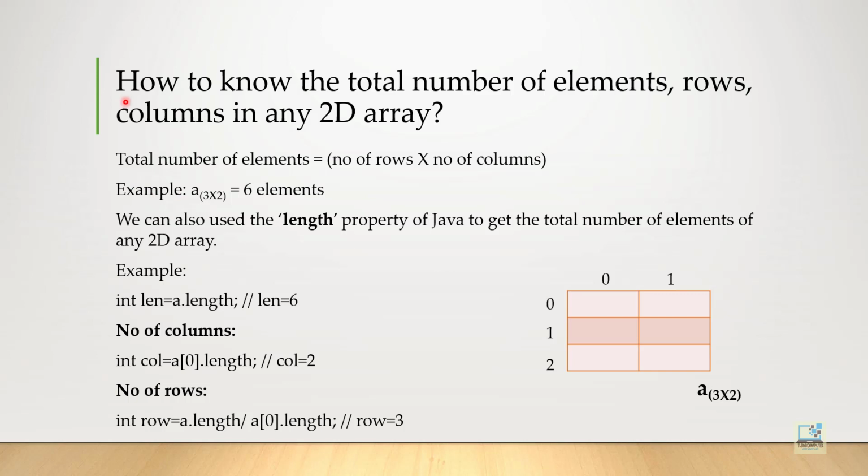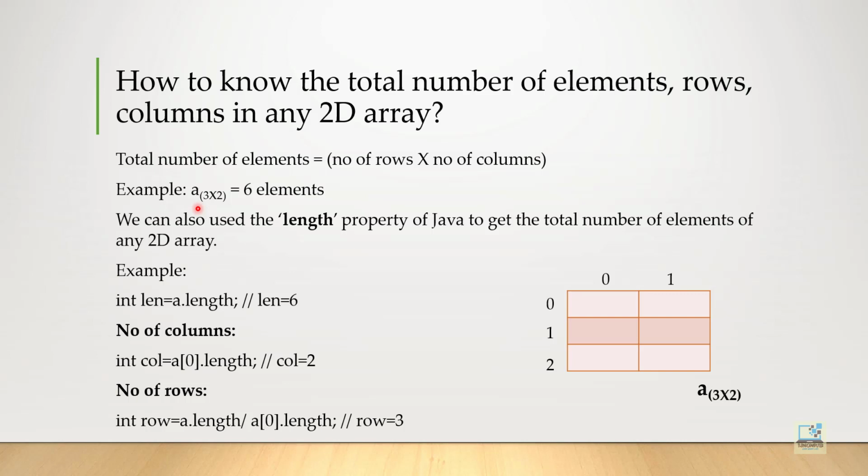Now how to know the total number of elements, rows and columns in any 2D array? One way is we can use the direct formula, that is number of rows multiplied by number of columns. For an example, if I have any 2D array of size 3 by 2, then the number of elements is 3 into 2, 6.